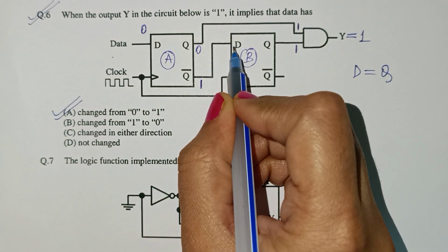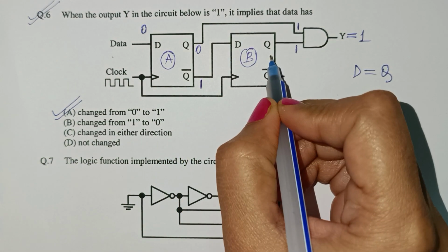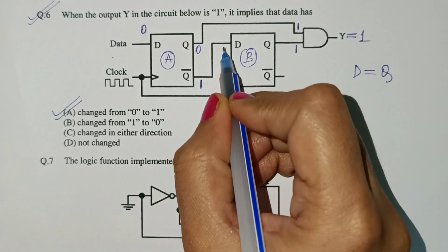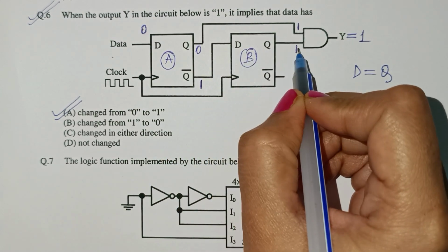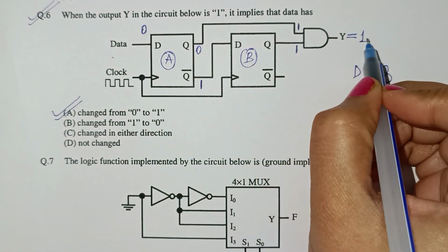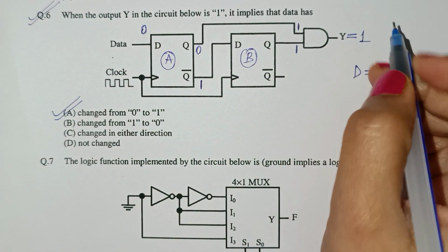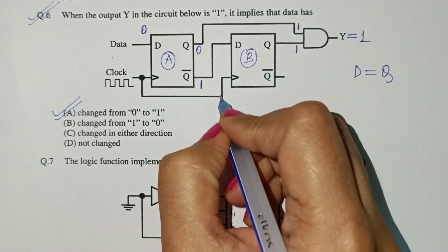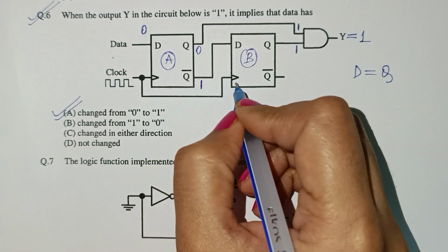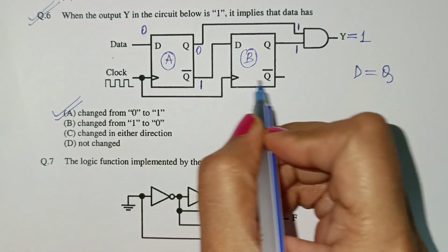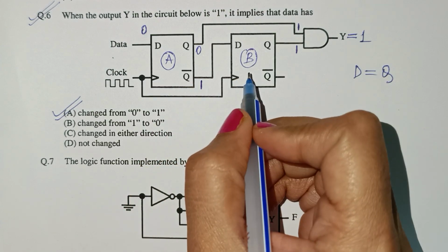QA bar is given as the D input, and therefore QB will be 1, because D is equal to Q. But because this is 0, the output will be 0. This is also a synchronous circuit because the clock is applied simultaneously, so both flip flops are working simultaneously.